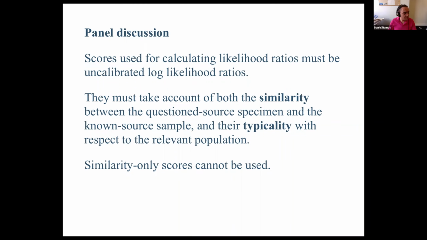Well, for me, I see this performance of likelihood ratios as something incremental rather than something dichotomical. It can be used, it cannot be used. So if we use a likelihood ratio that is computed in some way, and this way of computing is not appropriate for some reason, we will have a loss on performance.